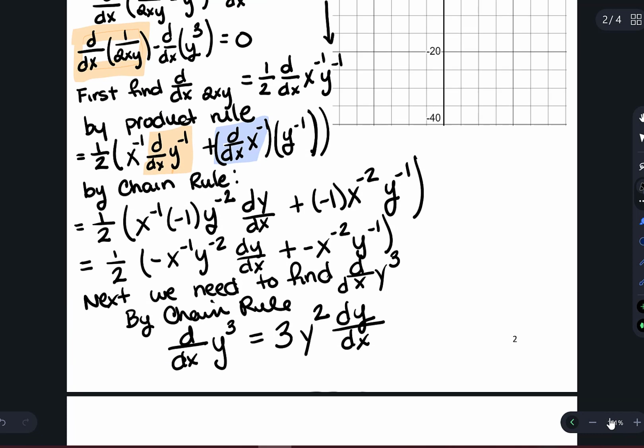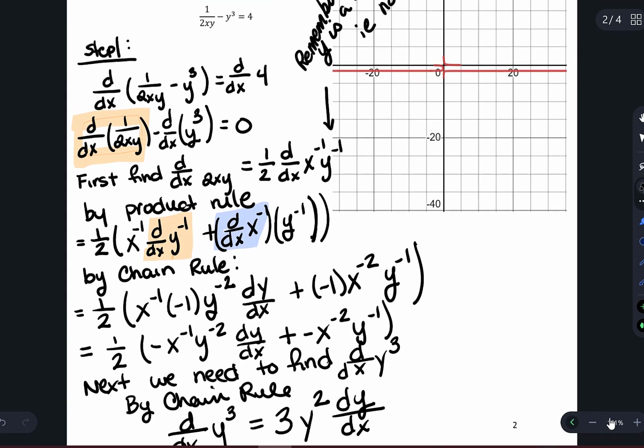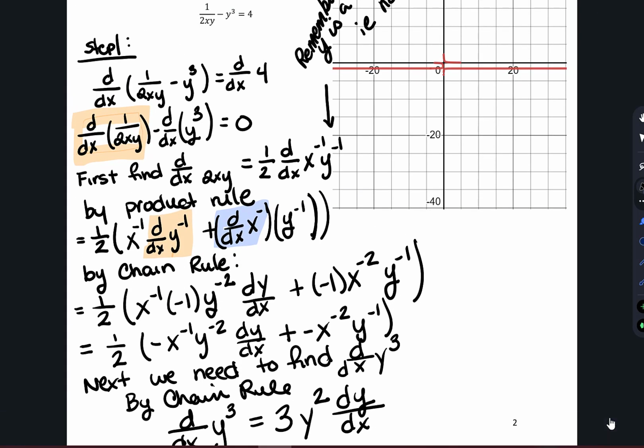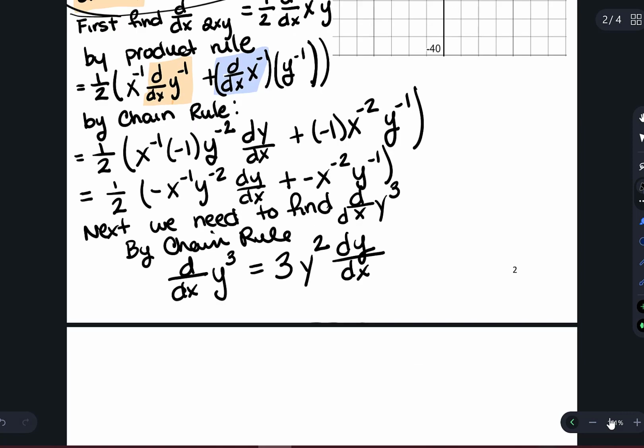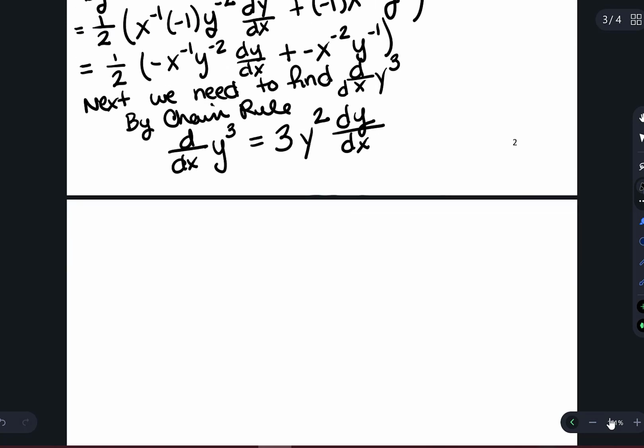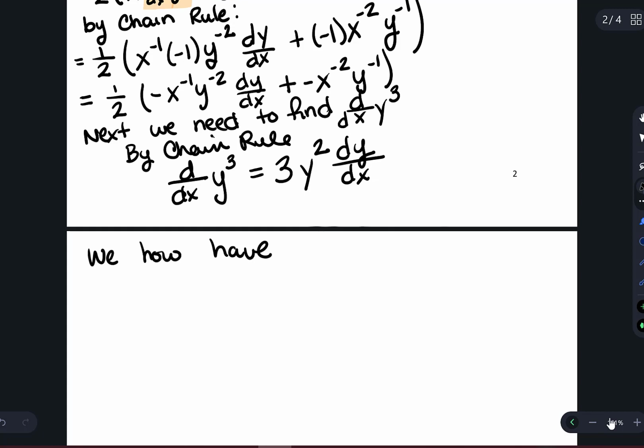Okay, so now again, going back up to what we were trying to do, remember that we're trying to find this whole piece here. So we found the first term and the second term, so now we can place those together. So looking at the first term here, we have 1/2.